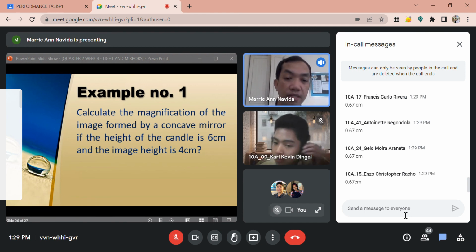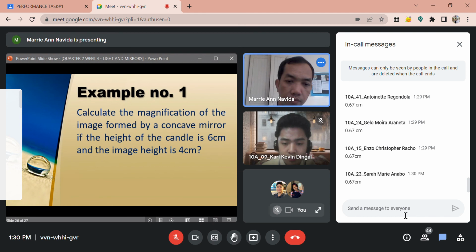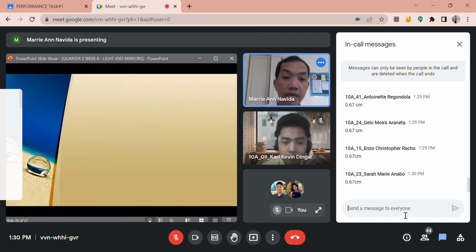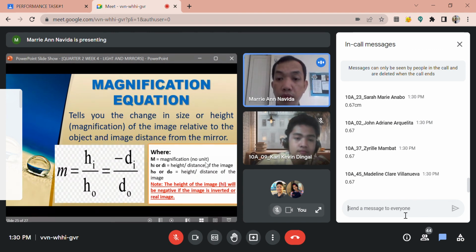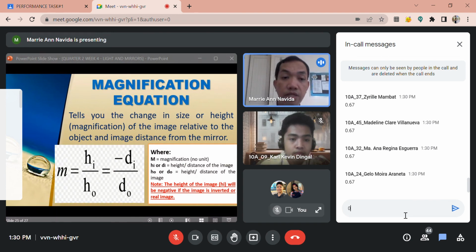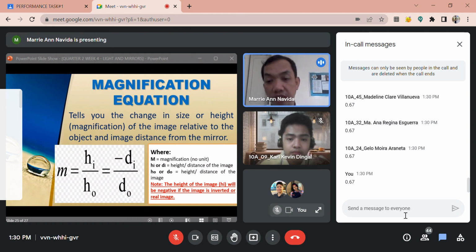Would that be your final answer? Remember, it's written here. Okay, magnification, close and open parenthesis, there will be no unit. So meaning to say, it is only 0.67 or 0.66. Nathaniel, you did not round up.